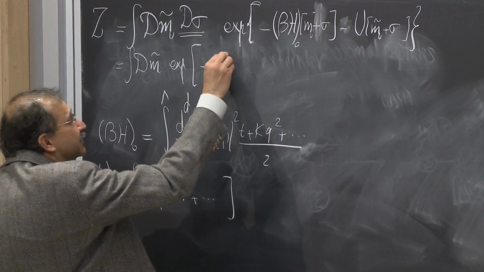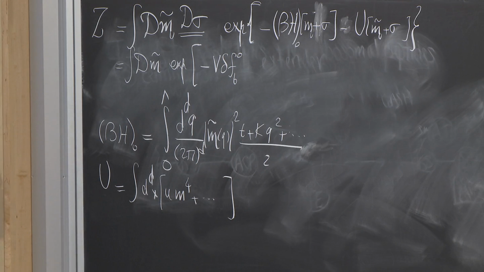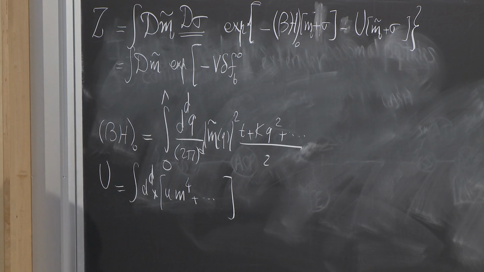So there will be a contribution to the free energy that is effectively independent of M tilde. It will depend on the rescaling factor that you are looking at, but it's a constant. It doesn't depend on the different configurations of the field M tilde.